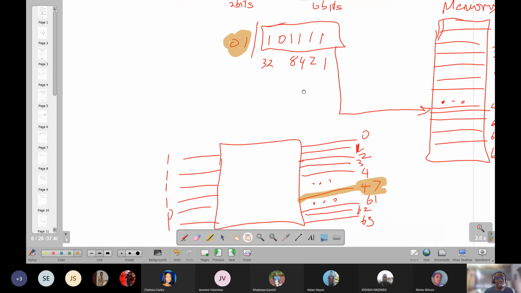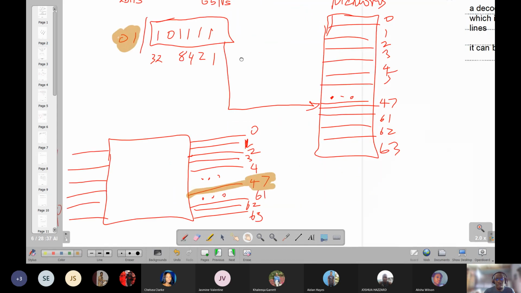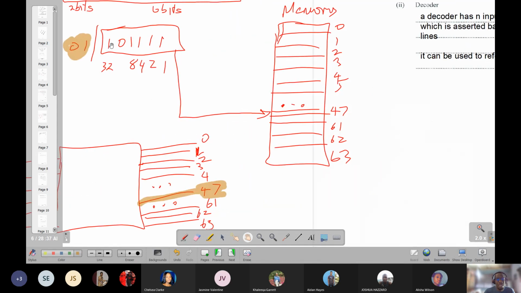So if the instruction is pulled and then passed through the decoder, the decoder is going to say, okay, we are going to read this address here, right? This binary code that represents an address, and it will tell me exactly where.